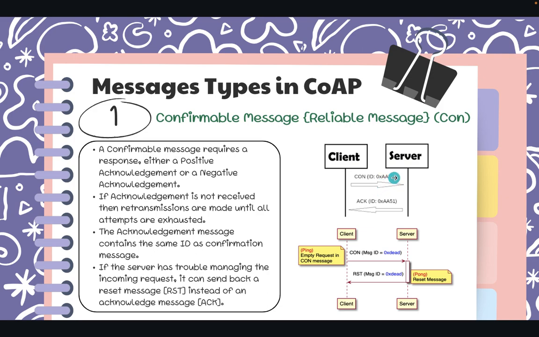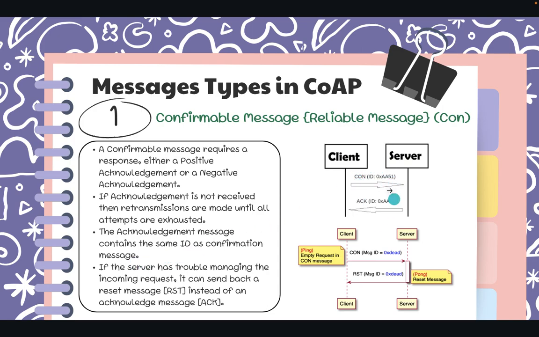This is a 2-byte or 16-bit ID. The same ID will be there for CON, and if this CON message is received by the server, the acknowledgement will be given to the client with the same ID. If the acknowledgement is not received, then retransmissions are made until all the attempts are exhausted. The acknowledgement message contains the same ID as the confirmable message.